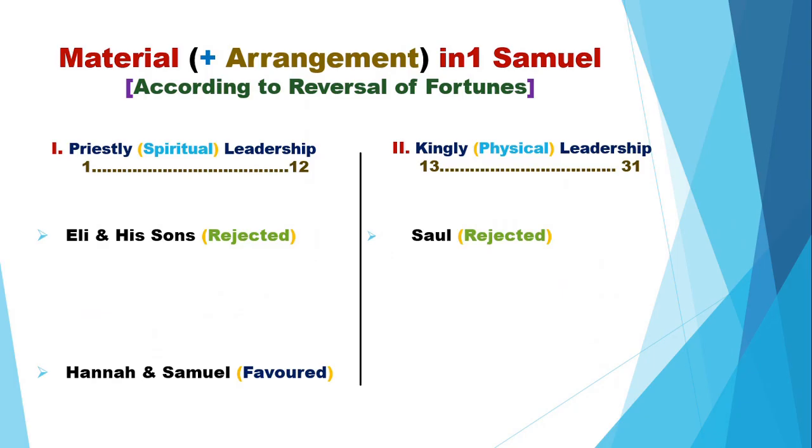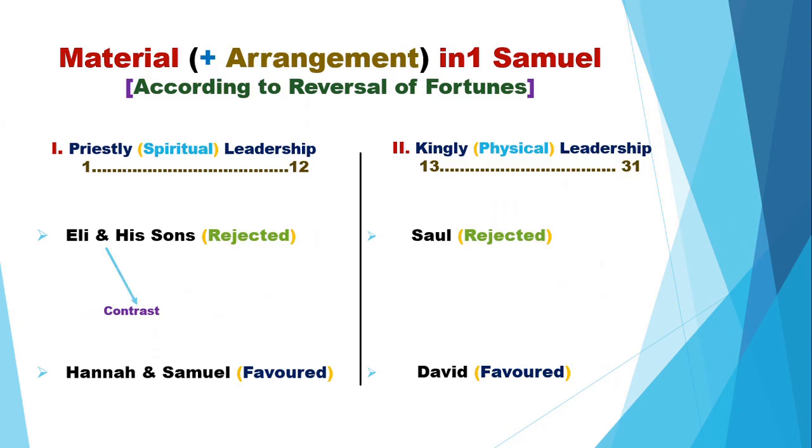So we have Saul, who is rejected by God, and we have David, who is favored by God. So we have a contrast there. You can make a contrast between Eli and his sons and Hannah and Samuel. On one end, you have Eli and his sons rejected, whilst Hannah and Samuel are favored by God. Okay?